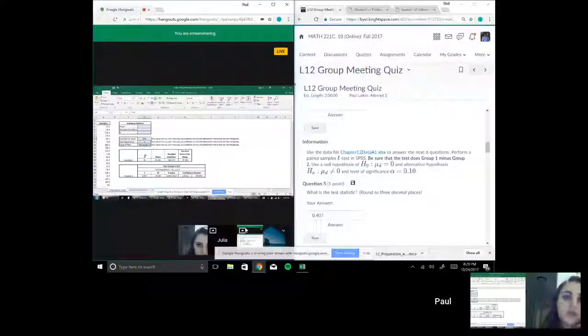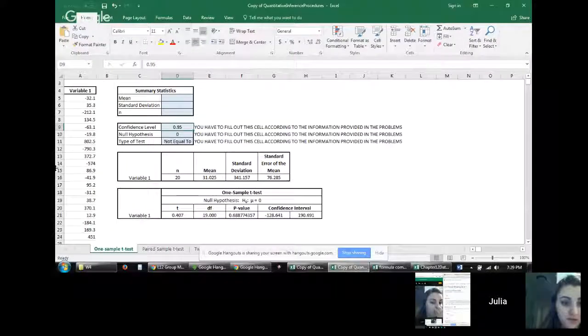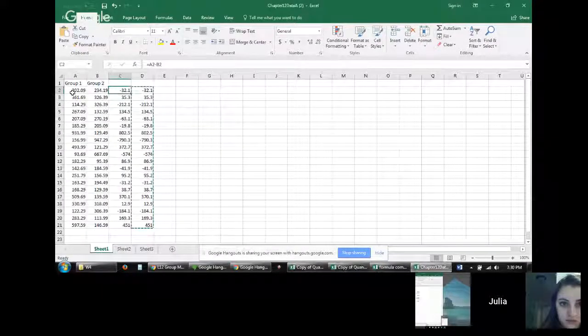I feel like 341 is really high though, isn't it? Do we do the mean from the difference or from one of the columns? From the difference. It's because they are such big numbers. I have like 200.